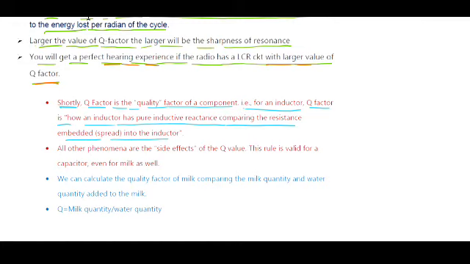Quality factor is the ratio of the pure inductive reactance to the resistance. It is a measure of how an inductor has a pure inductive reactance compared to the resistance spread into the inductor.